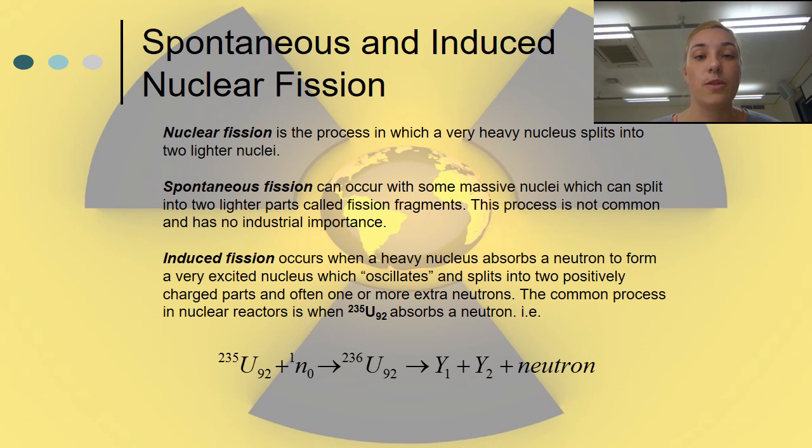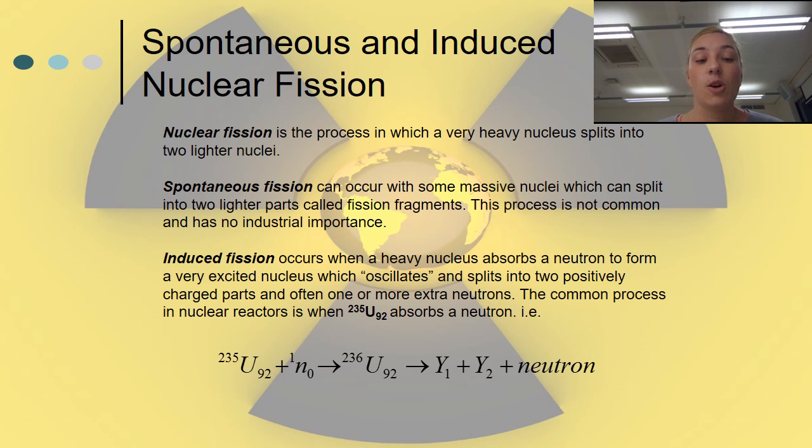Induced fission is more of the one that we're concerned with, and basically that occurs when we have a big nucleus that's being bombarded with neutrons, and it is able to absorb one of those neutrons to form a very excited nucleus, which starts oscillating and vibrating because it becomes unstable, and then as a result of that it splits into two positively charged parts, and often one or more extra neutrons are also released in this reaction.